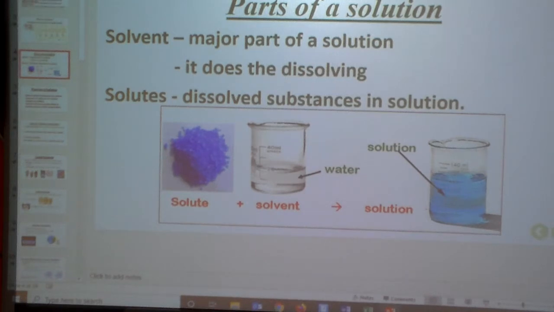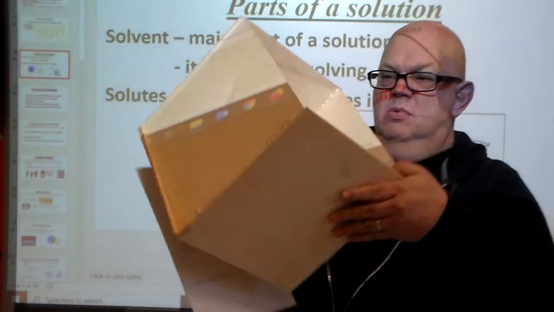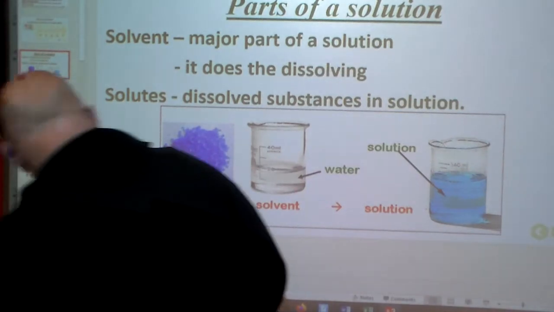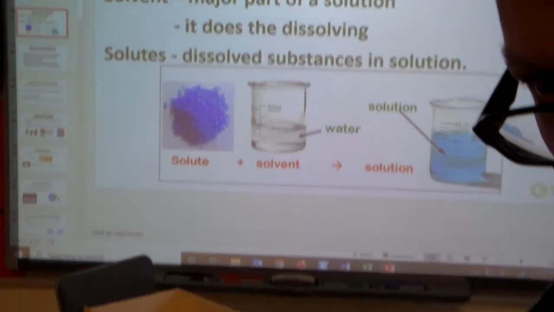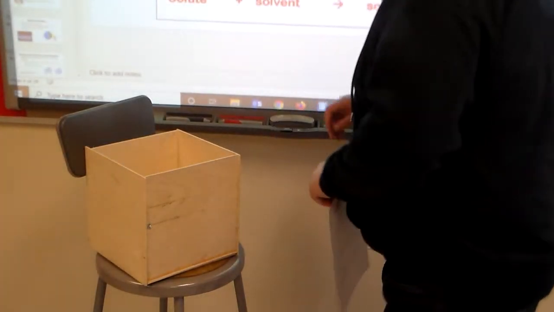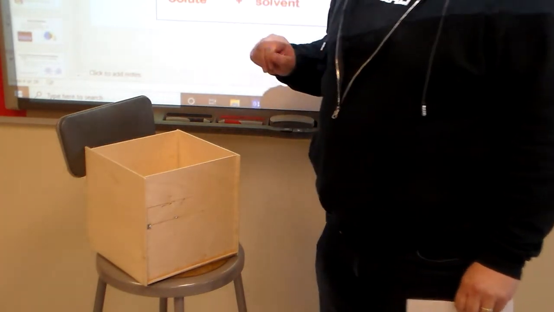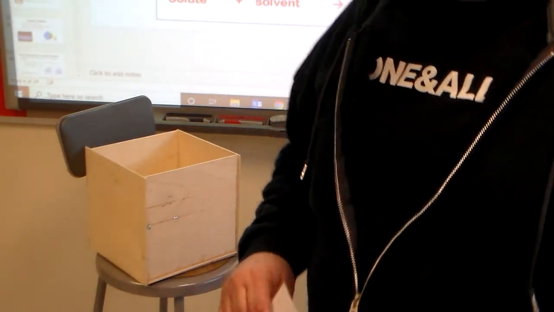I have here this cup. It's a wooden box. And I put that down there. There is the solvent and the solute, okay? The solvent does the dissolving.